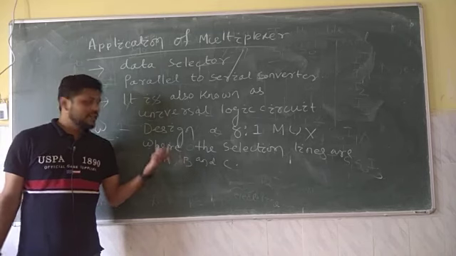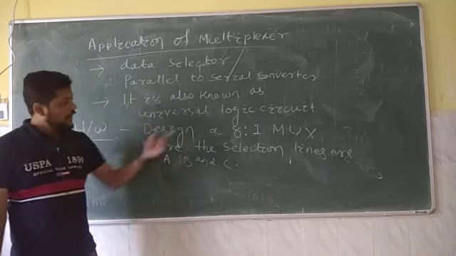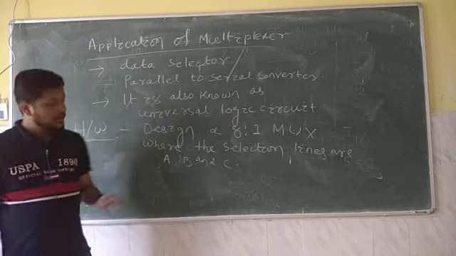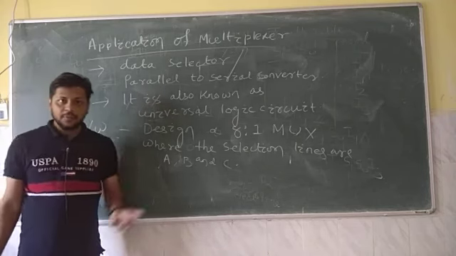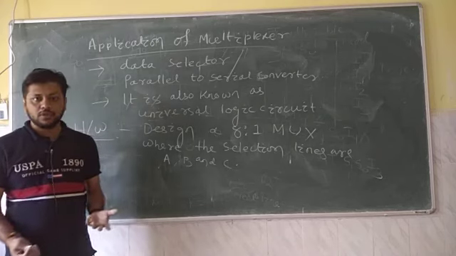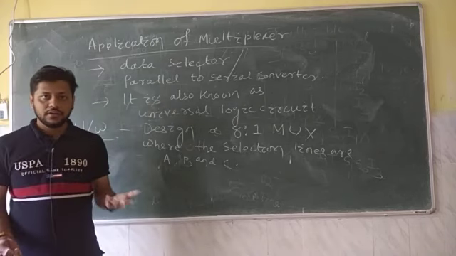So take A, B and C as your selection lines, and your input lines are I0, I1, I2, I3, I4 up to I7. So write the expression, output is Y, and then implement it by using your AND and OR gates.